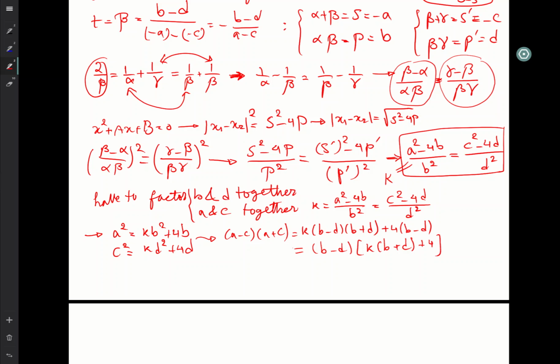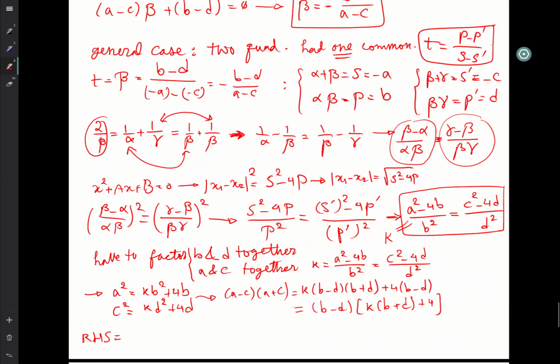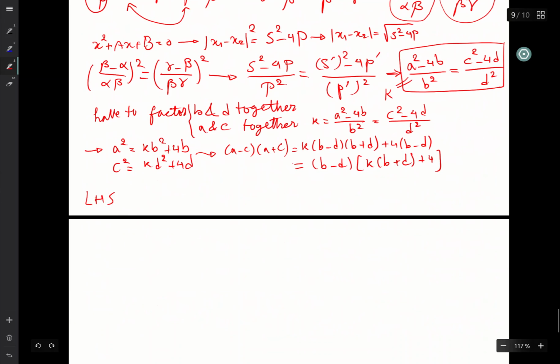Let's start with the right hand side, or maybe left hand side. So in the left hand side, we have a minus c squared, which is a squared plus c squared minus 2ac, right?